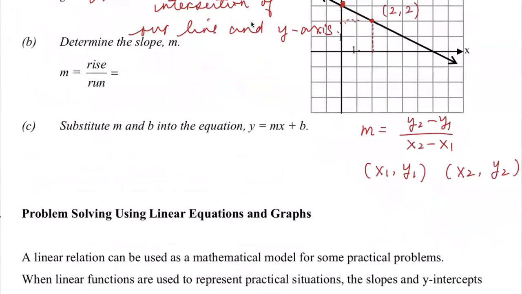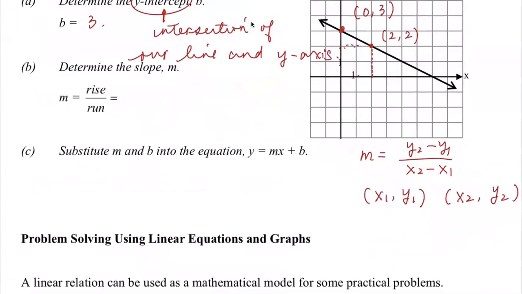So determine the slope. Rise is equal to y2 minus y1. Run is equal to x2 minus x1.